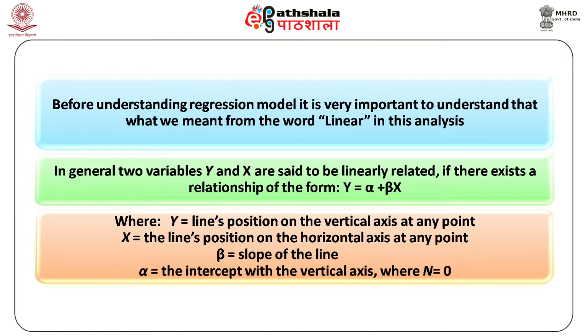In general, two variables y and x are said to be linearly related if there exists a relationship of the form y is equal to alpha plus beta x, where y is equal to the line's position on the vertical axis at any point, x is equal to the line's position on the horizontal axis at any point, beta is the slope of the line, alpha is the intercept with the vertical axis, where x is equal to 0.